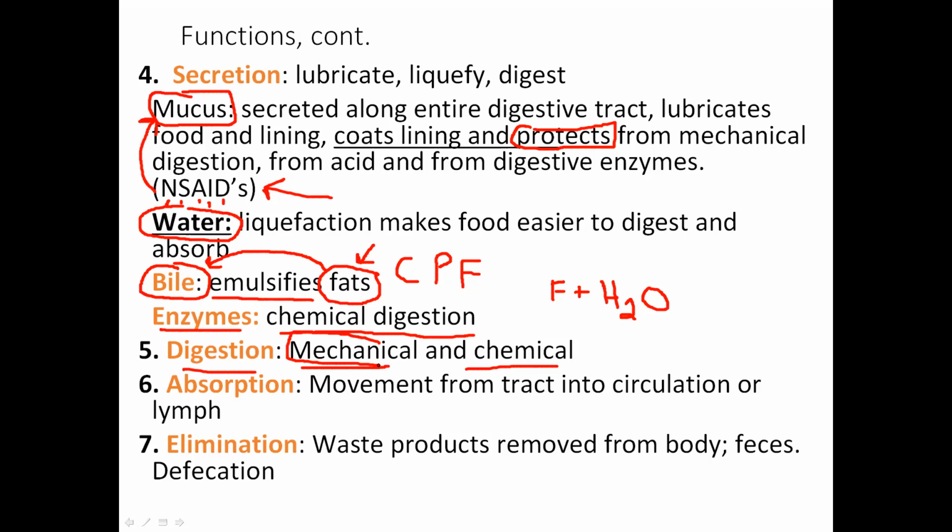For example, our saliva has a bunch of chemicals in it, including digestive enzymes that will help you break down food to its smaller components. The stomach has a lot of chemicals that will help break the food down into its smaller components.